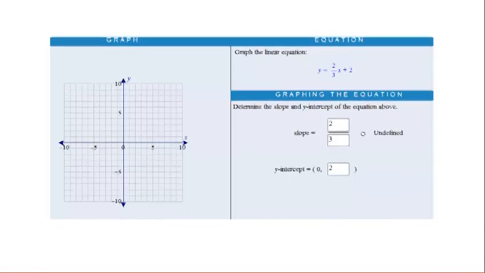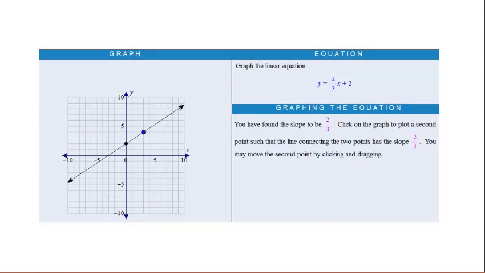In this example, Hawks has already plotted our y-intercept for us, which is 0, 2, and they're telling us using the slope, and only using the slope, give us another point so that we can graph that line. We know the slope is 2/3, 2 over 3, rise over run.